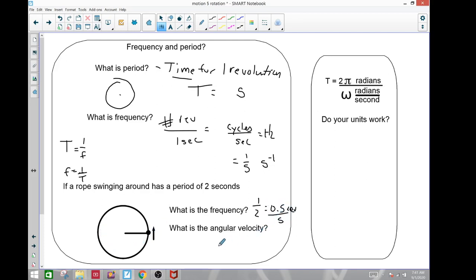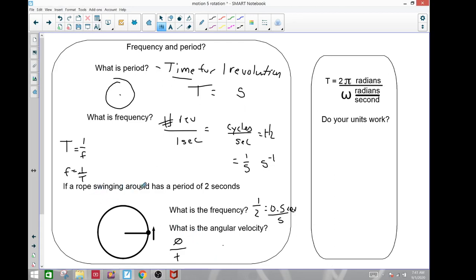What's the angular velocity? Let's rehash what angular velocity is again. It's the change in angle per change in time. In this situation, what do we have for our period, our angle?